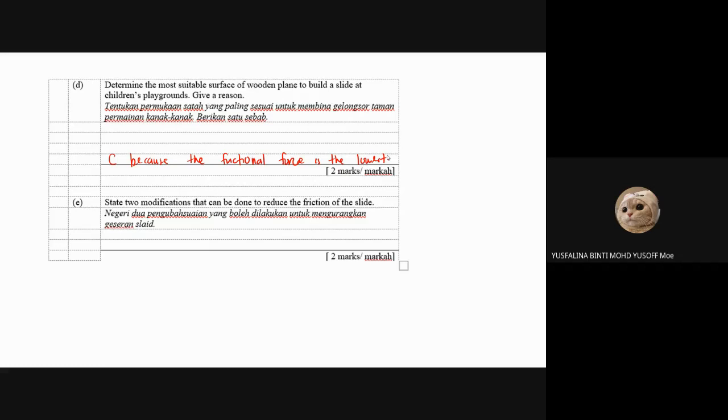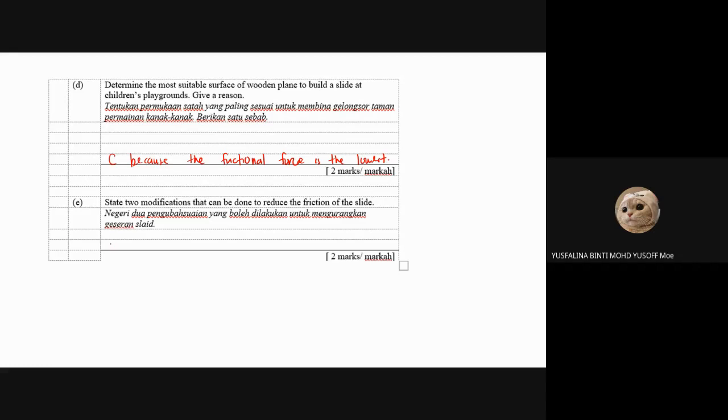Alright. And then for A, you have to state 2 modifications that can be done to reduce the friction of the slide. So you have to give 2 ideas. Any idea how to reduce the friction of the slide? Pour water. Polishing.